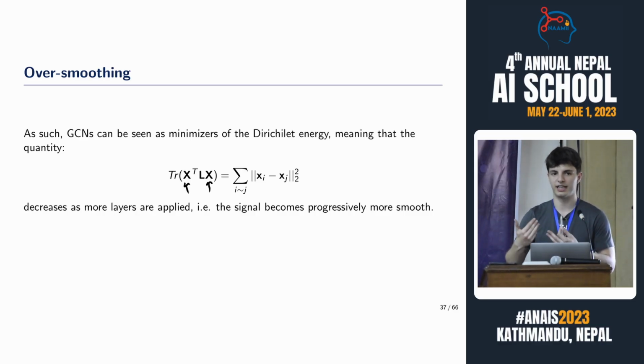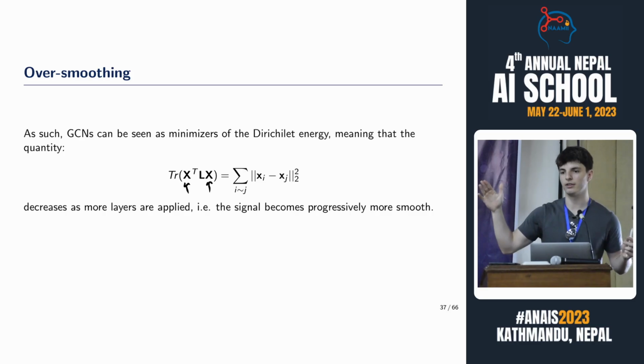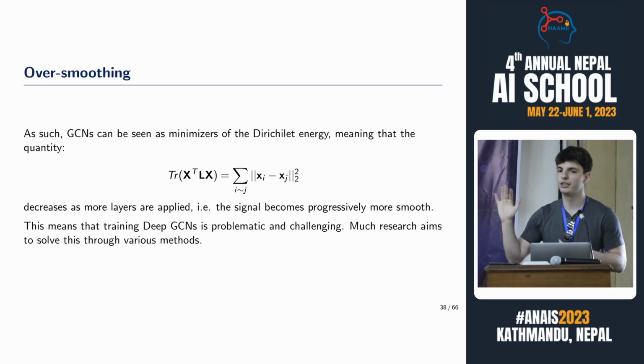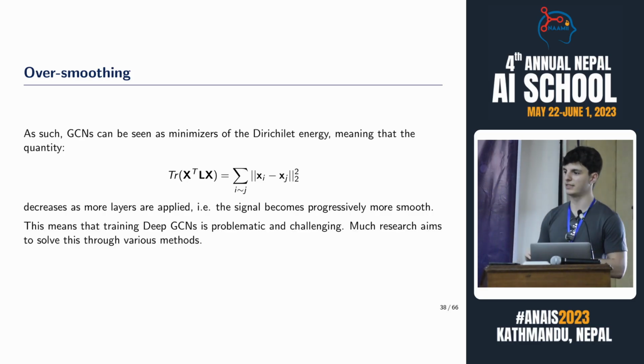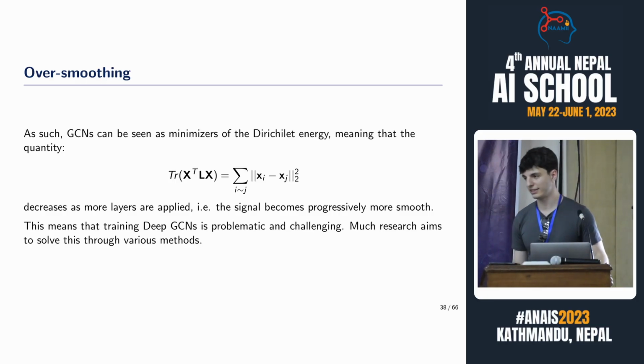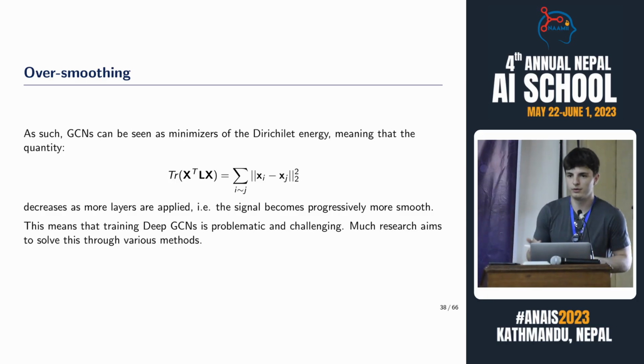At the end of the day, your nodes lose their information, right? So you end up getting a constant signal up to some node degree information, maybe, depending on the normalization, but this is very bad for learning, right? So in this sense, this shows why graph convolutional networks cannot be built very deep.